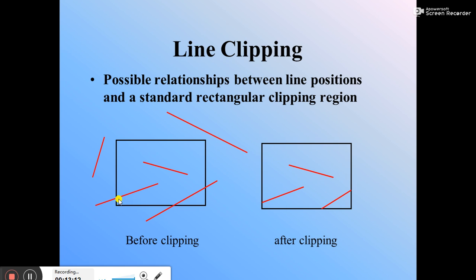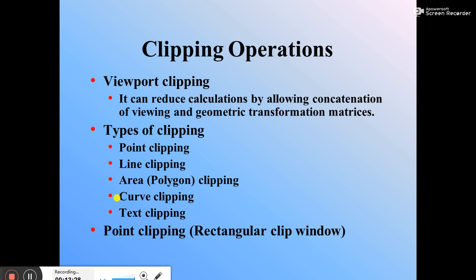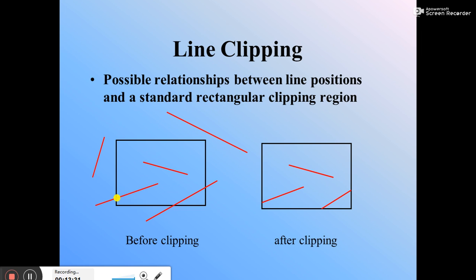Our main motive is to find which lines will be outside, which will be inside, or which points or which fractions of the lines will be outside or inside. We'll apply different algorithms regarding line clipping in the next videos.